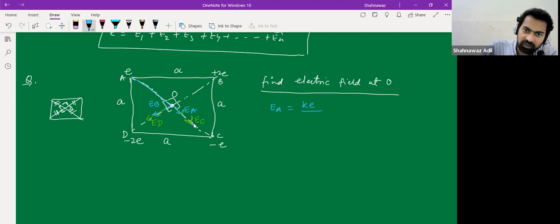So this is the diagonal. This is A. This is A. Right, Aisha? So what would be this diagonal? This is 90 degrees, this is perpendicular, this is the base. So what would be this diagonal or hypotenuse?